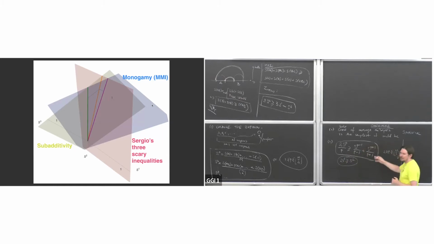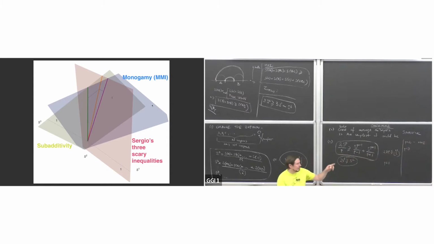Let's make a few observations about this inequality. So first, let's consider the case where p equals 2. Do we know this inequality already? And the answer is yes. This thing is the monogamy of mutual information. So this is monogamy. The case of p equals 3, do we know that? And the answer is yes.